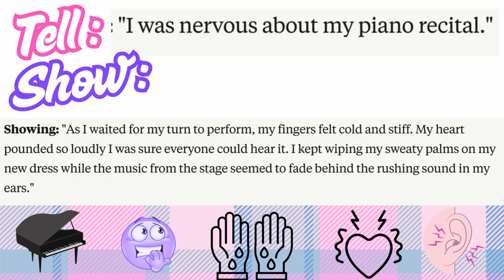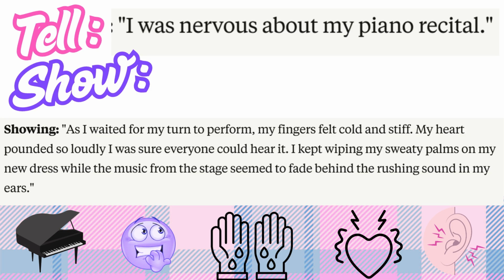Now, we can talk about examples of showing, don't tell in personal narratives. For example, if you were feeling nervous, you could simply tell someone, I was nervous about my piano recital. But showing them with your words, you could say, as I waited for my turn to perform, my fingers felt cold and stiff.